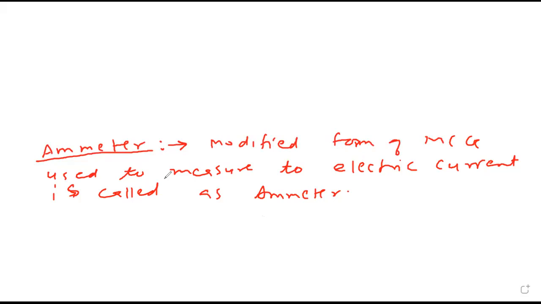Modified form of moving coil galvanometer used to measure current is called as ammeter.